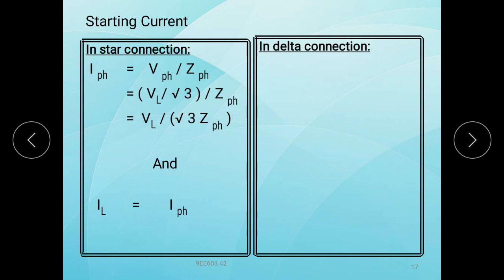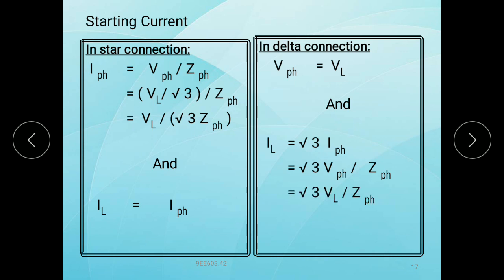In delta connection, V phase is VL and IL is root 3 I phase, that is root 3 V phase by Z phase, here root 3 VL by Z phase.